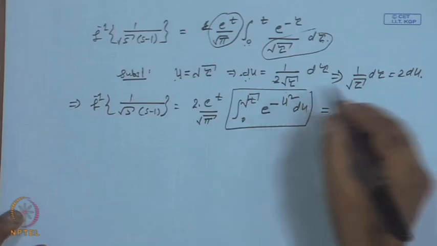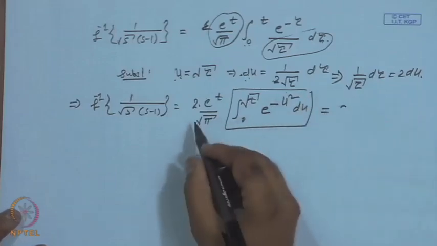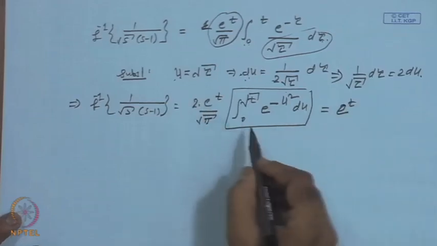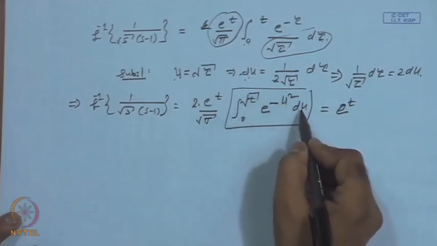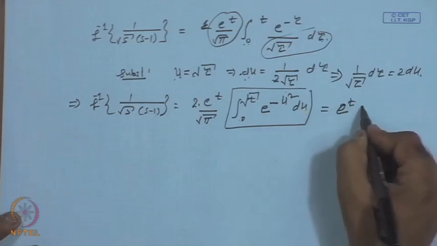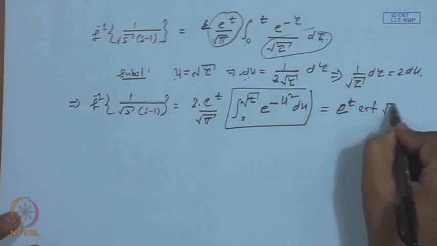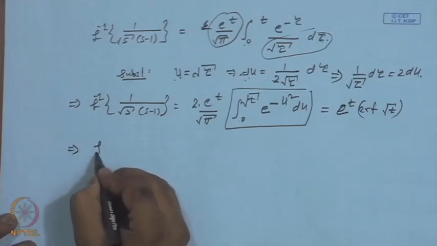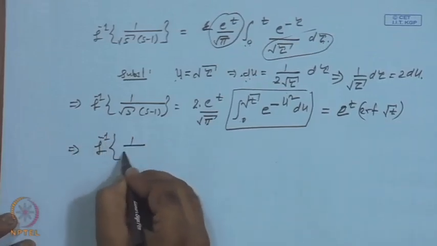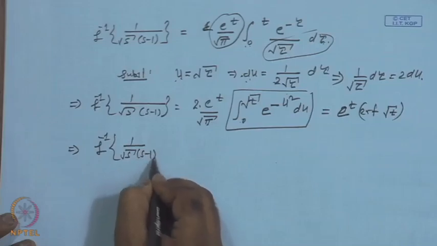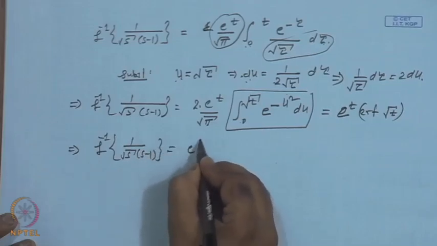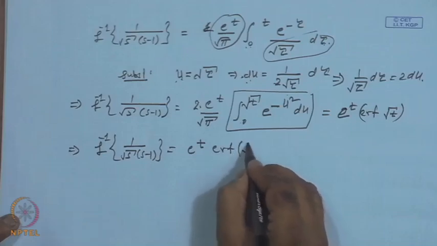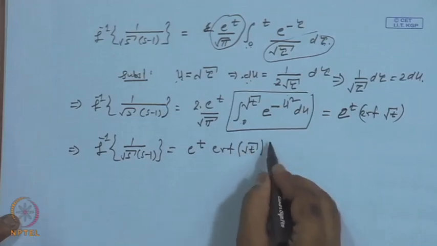We have now e power t and 2 over square root pi, integral from 0 to square root t of e to the minus u square du, and this is the error function of square root t that we introduced today itself. So, the Laplace inverse of 1 over square root s and s minus 1 will be e power t and the error function of square root t.